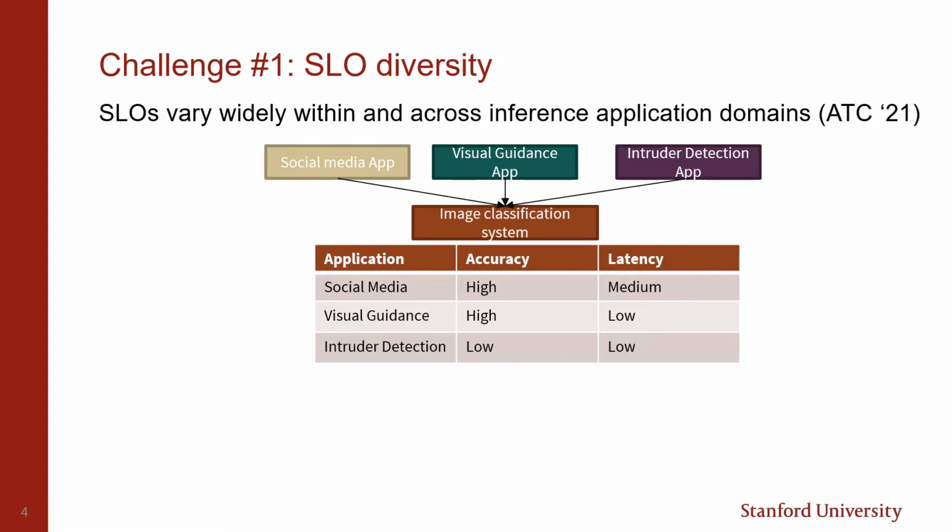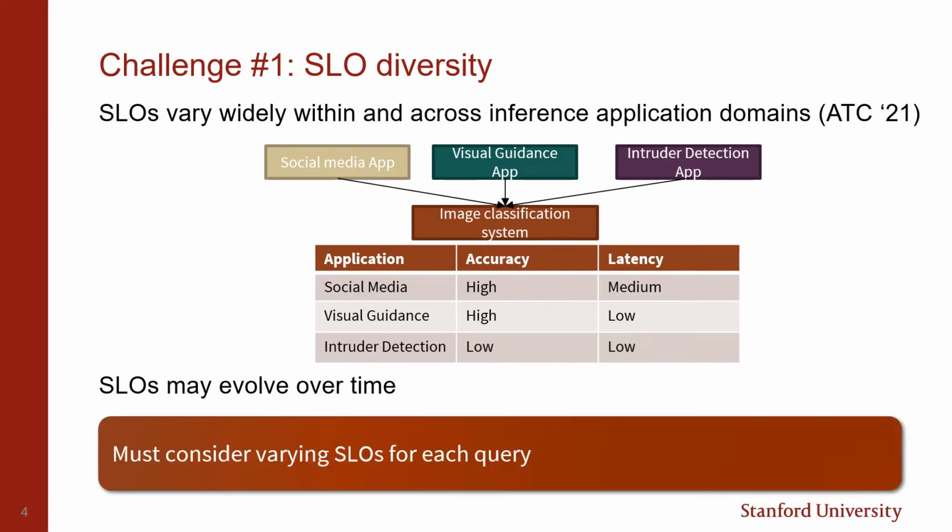The difficulty is that the social media application requires high accuracy but medium latency, in contrast to the intruder detection application, which has a low accuracy constraint but a low latency requirement. On top of this, those SLOs may evolve over time. And therefore, inference serving systems must be able to handle situations in which each query may differ in SLOs.